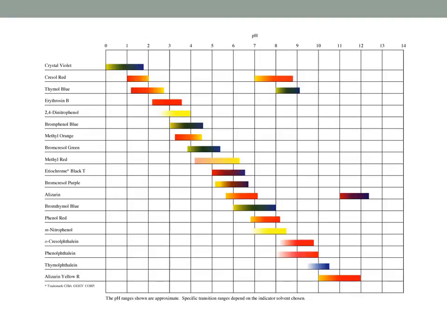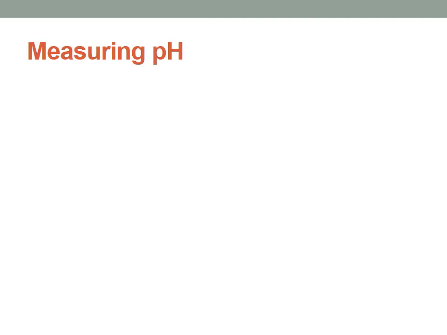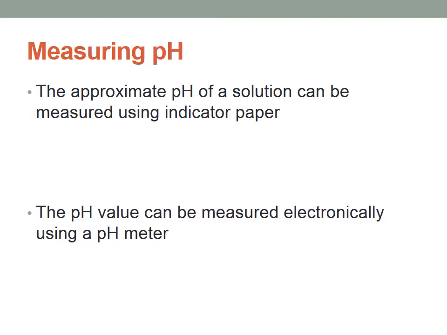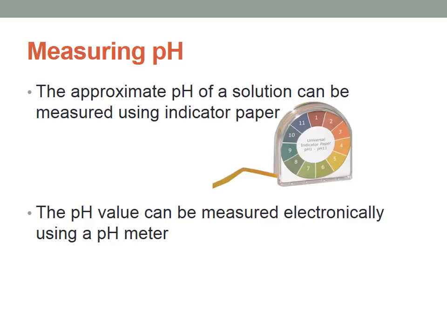This is what we would see if we had a combination of all these indicators. All right, and to continue on measuring pH, the approximate pH of a solution can be measured using indicator paper, or we can measure the pH value electronically using a pH meter.